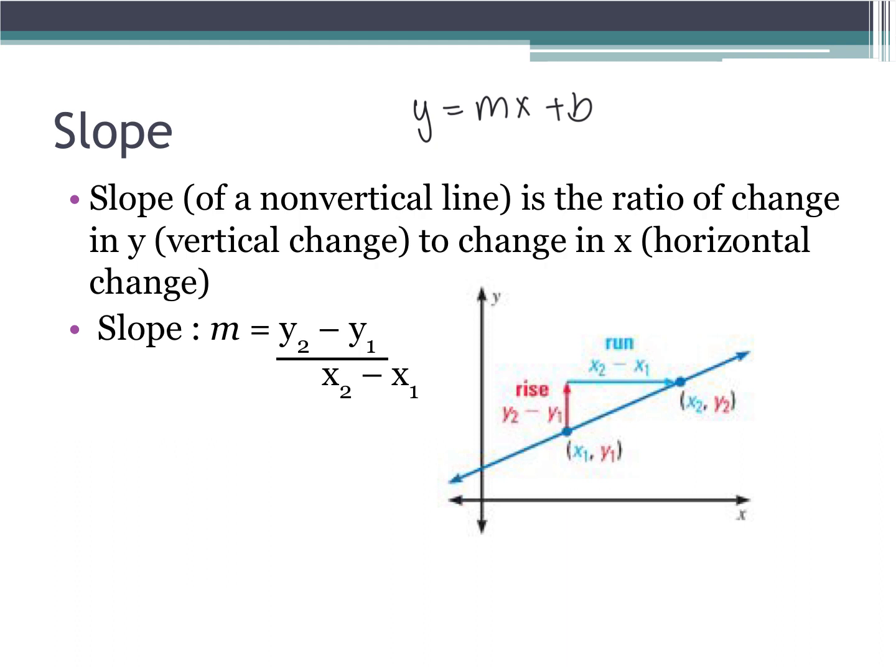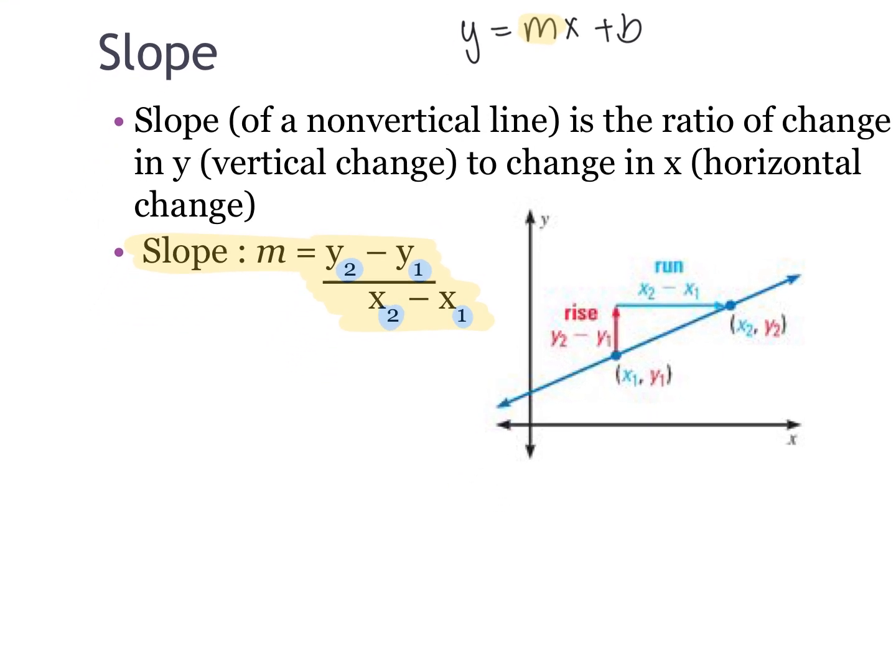So your M is your slope value. And this is the formula for slope. You see how it has 2 first and then 1? It does matter. This one you have to go in the order: y2, then y1, then x2, then x1. You have to go in that specific order. All right, so looking at this, order matters.